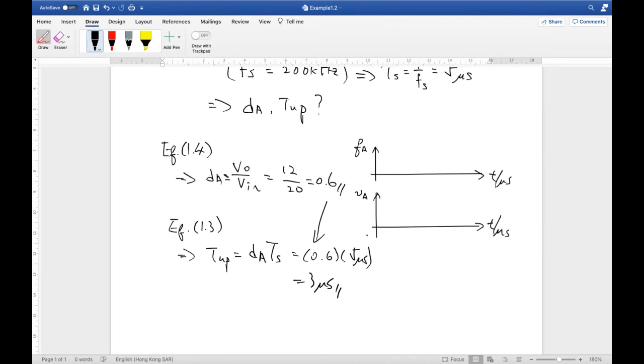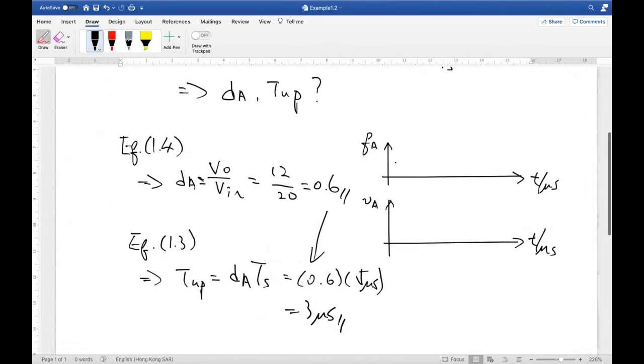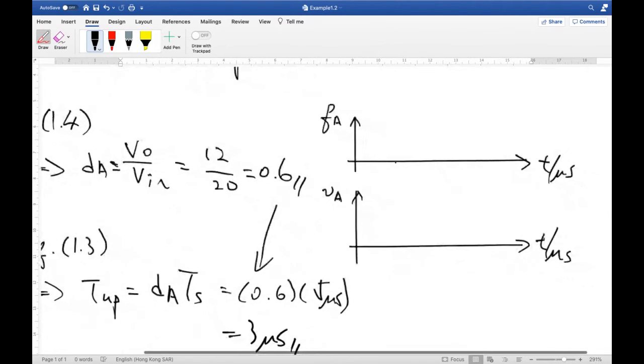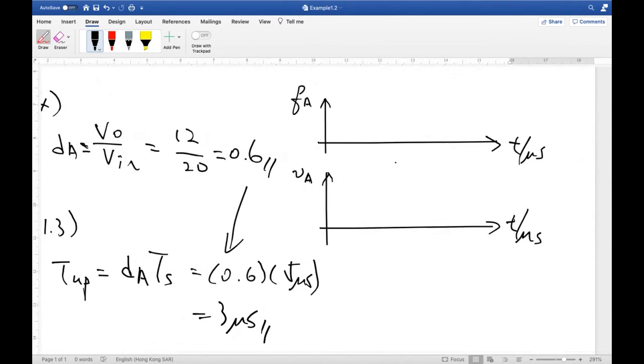Okay, and then the most important thing is how we can draw or plot the waveform. So this is very important. Let me use the other color. First we know that T-out is 3 microseconds and the whole switching interval is 5 microseconds, right?